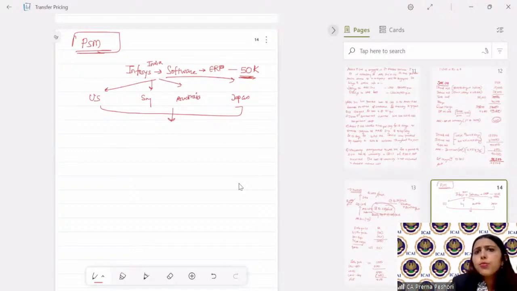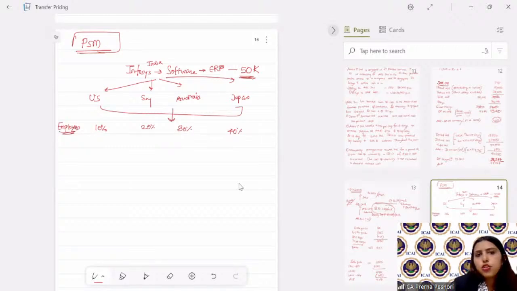So what it will do is it will charge the cost to all these companies, say in the ratio of 10% to US, 20% to Singapore, 30% to Australia, and 40% to Japan. Based on, say, the employees employed by this company.